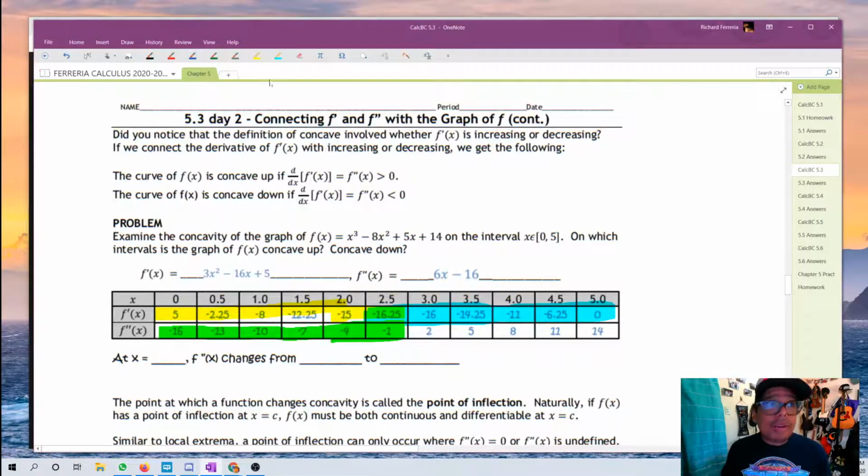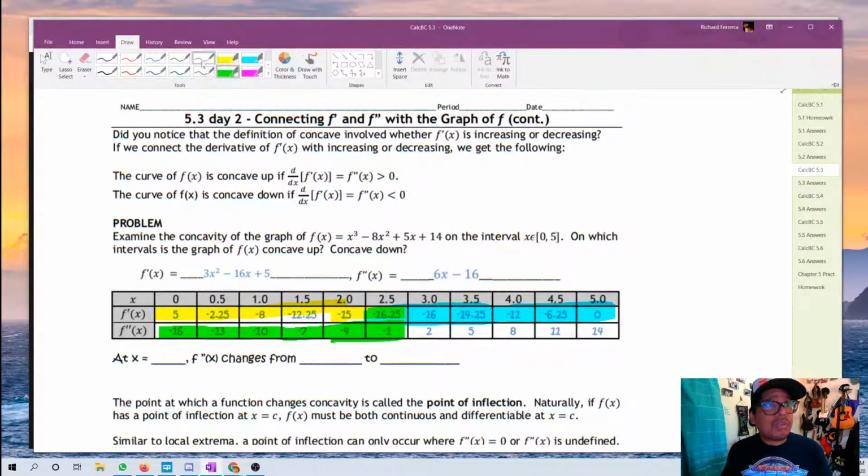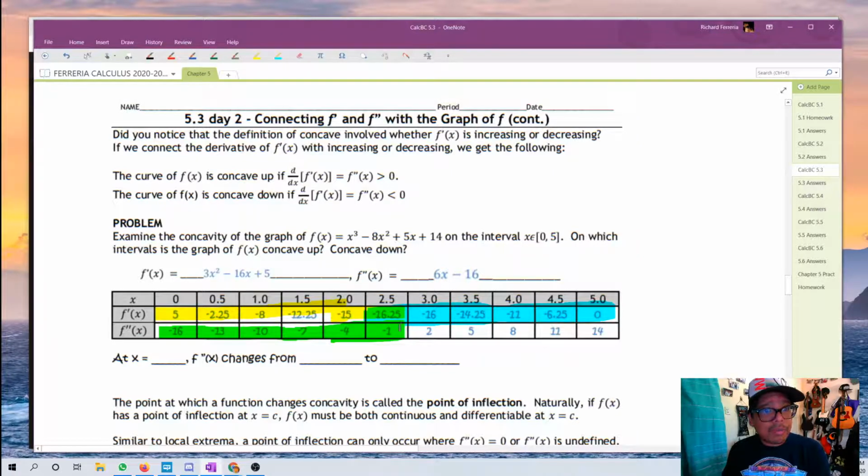And then from, well, now we know it's 2.66, from about 2.66 to 5, we have places where the second derivative is positive. Okay. So at 2.6, the second derivative changes from negative to positive. So that is what we're going to call our point of inflection.